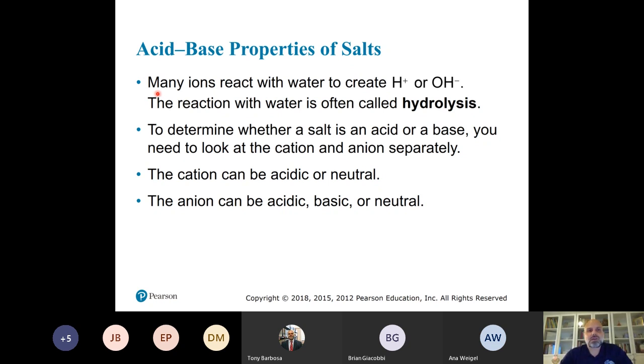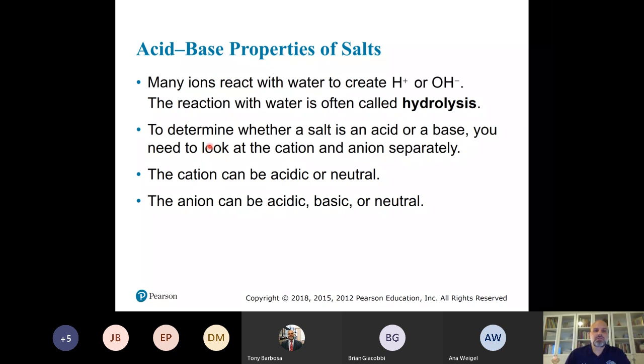So this is something we have to take into consideration: we're looking at ions coming from ionic compounds. They can actually react with the water. When you dissolve an ion in water, it can react, and then it can produce protons, an acid source, or it can produce hydroxide, a base source. And that's something we need to take into consideration now.